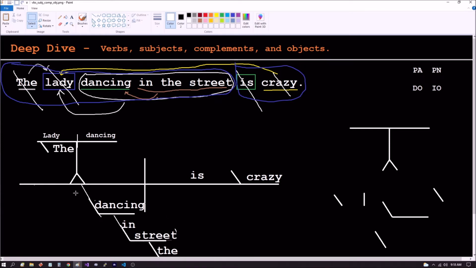And I'm not going to move the prepositional phrase, but you understand what I'm talking about, right? So in the street would be down here. In street and then the underneath of it. So now this whole clause is functioning as a noun and it is the subject of the sentence, okay, the main sentence.